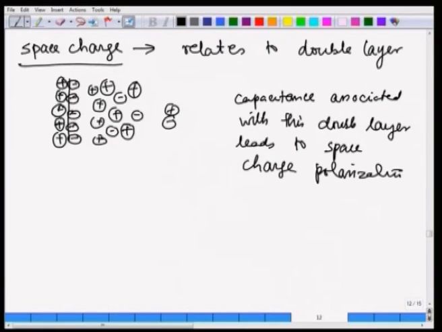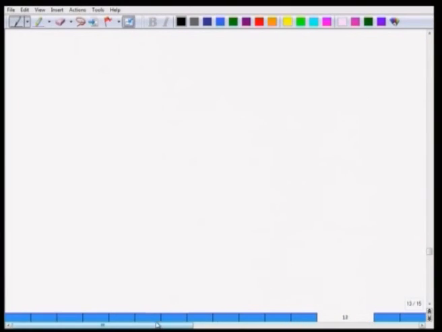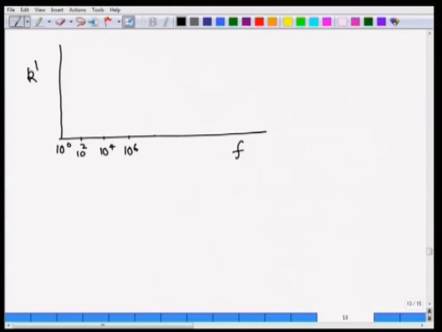Finally, let me show you how this looks if I plot K prime, the dielectric constant, versus frequency. Let us say this is 10 to the power 0, 10 to the power 2, 4, 6, 8, 10, 12, 14, 16, on a log scale.